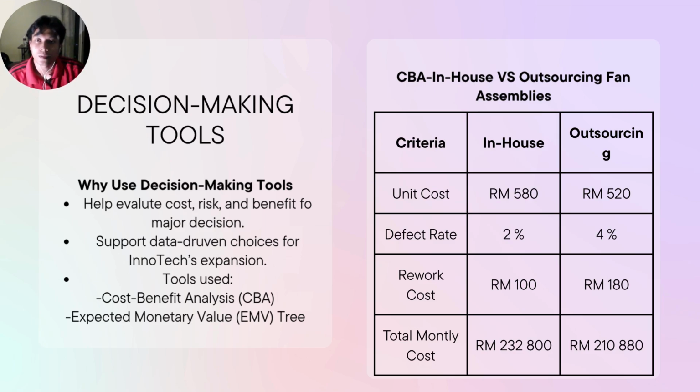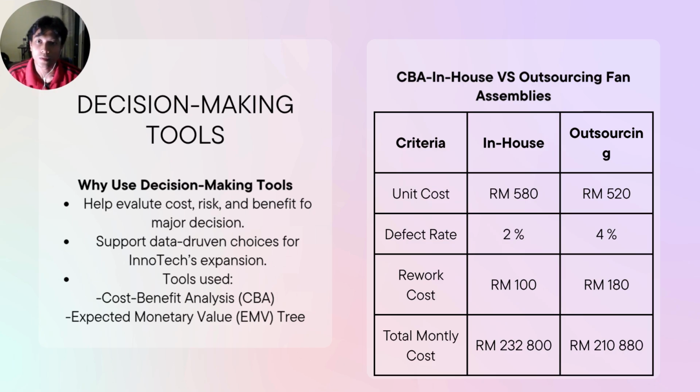For the CBA, in-house versus outsourcing fan assemblers, we can see from the table the criteria for in-house versus outsourcing: unit cost, defect rate, rework cost, and total monthly cost.